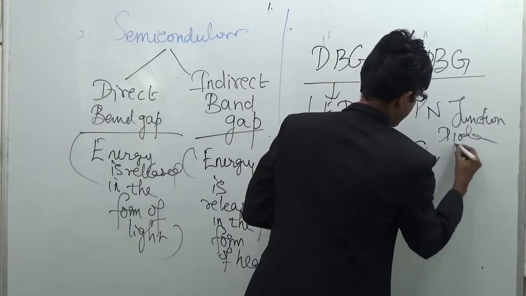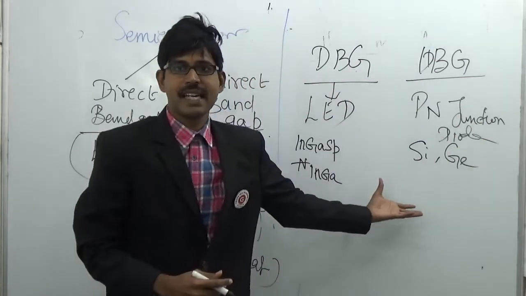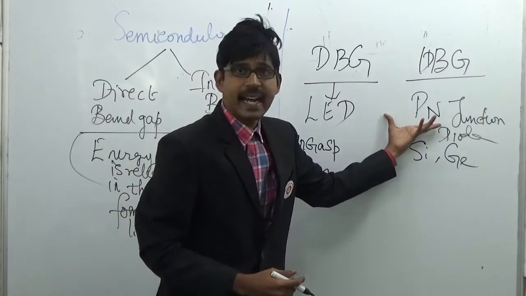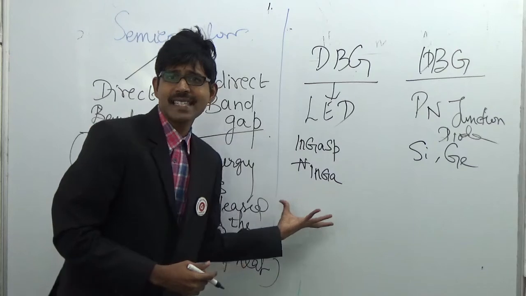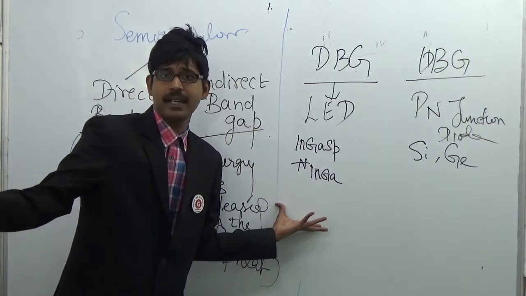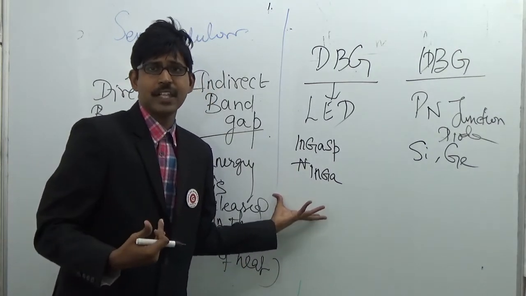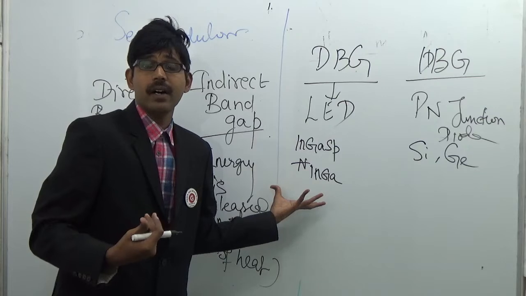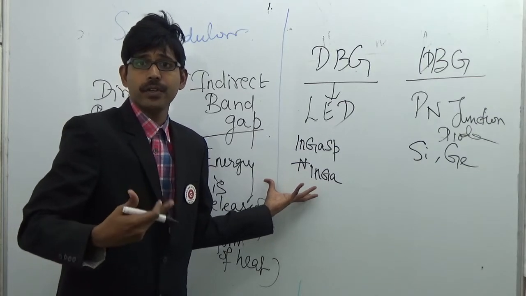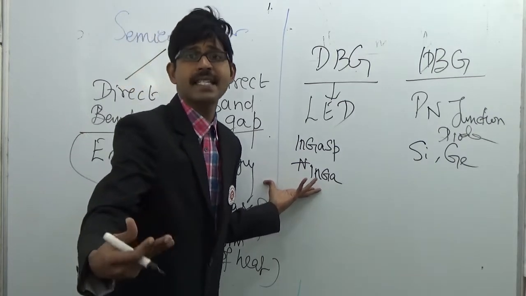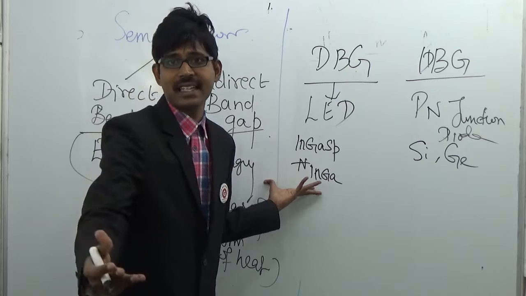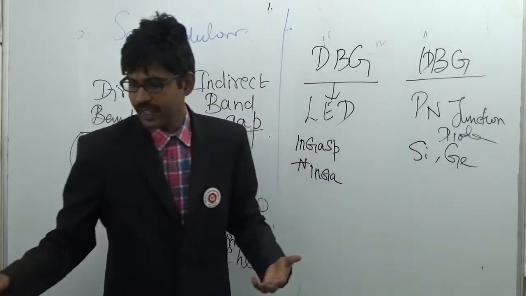Silicon, germanium are some of the examples for indirect bandgap semiconductors. So if you use materials like indium, gallium, aluminum, you will have light emitted as the form of the energy released. Here you have heat emitted as the form of the energy released.